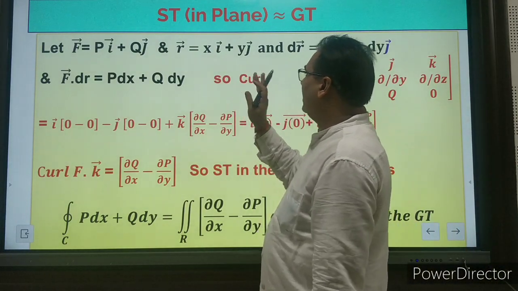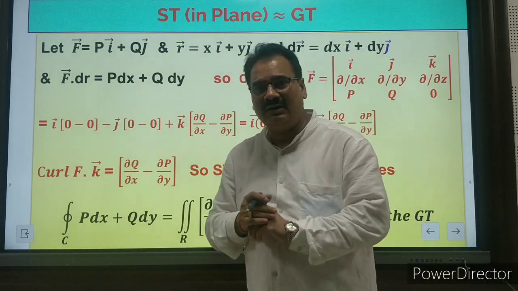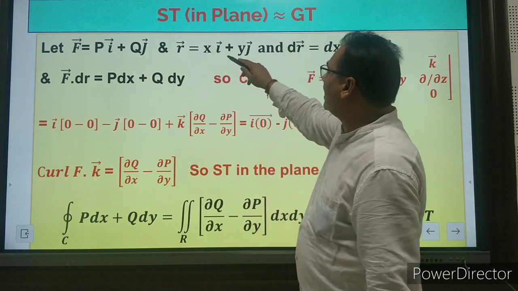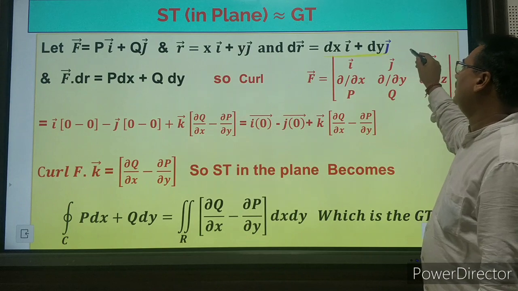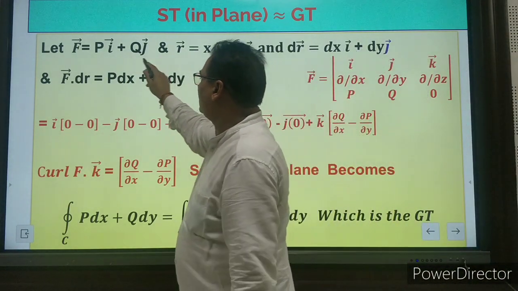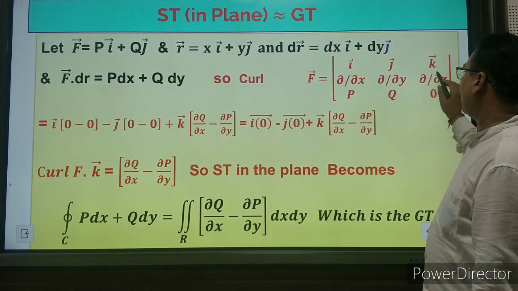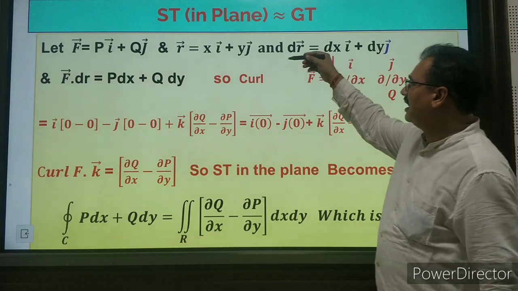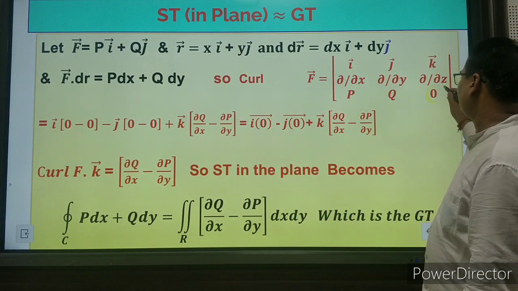Now, what is Stokes theorem in the plane? It is equivalent to Green's theorem. How? Let F equal P i plus Q j and R equal x i plus y j, and then dr is dx i plus dy j. Then F dot dr is P dx plus Q dy. The curl you define like this: i, j, k, the partial derivatives, and P, Q, 0, because there is no coefficient of k, so that entry is 0.